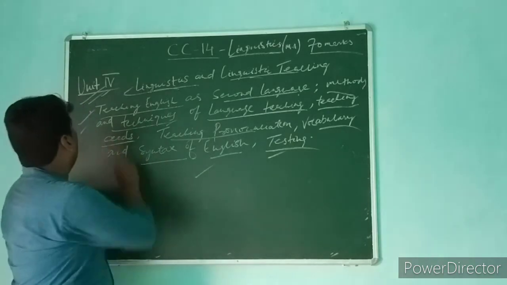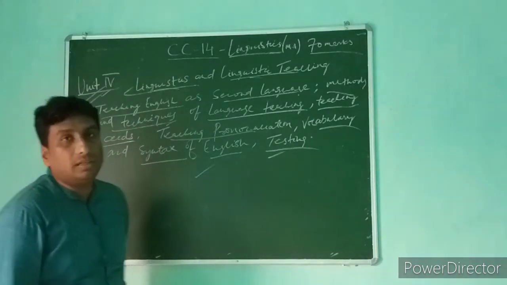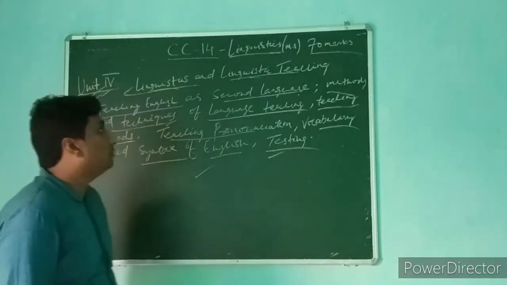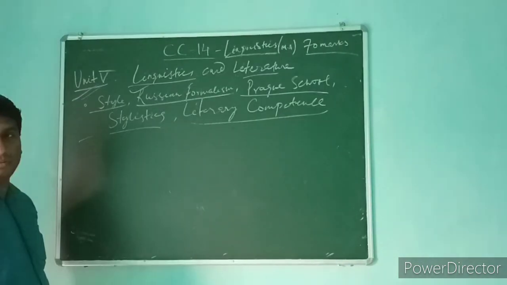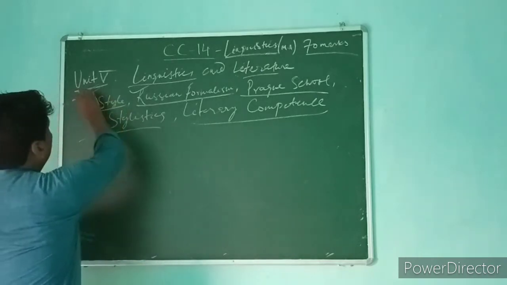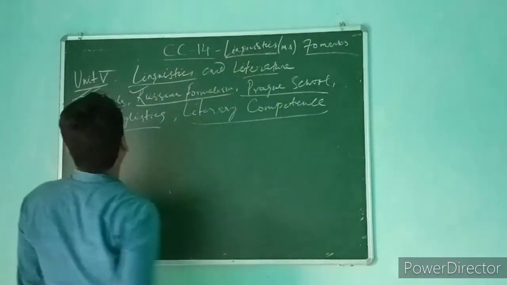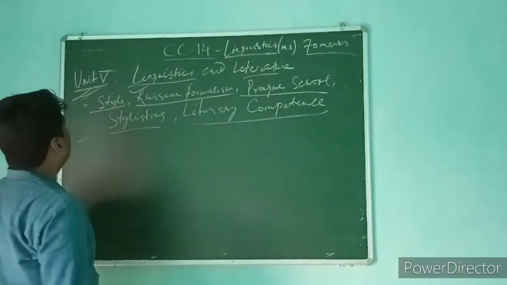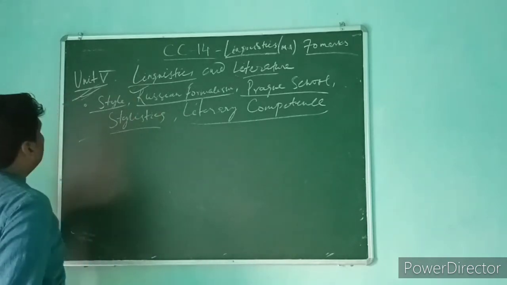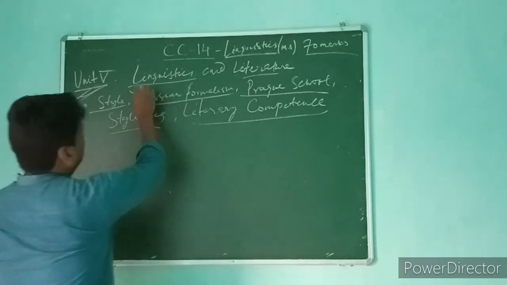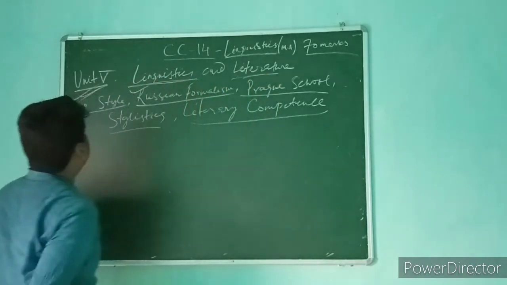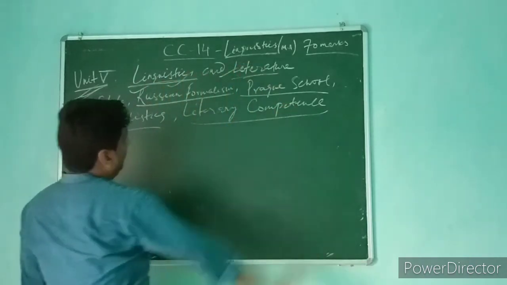So these are the first 4 units, and now we will deal with the last unit, unit 5, which is part of your CC14 linguistics. Our last unit within CC14 linguistics is a relatively shorter one in comparison to the other 4 units, right? So this unit, unit 5, is about linguistics and literature, the relation between linguistics and literature.